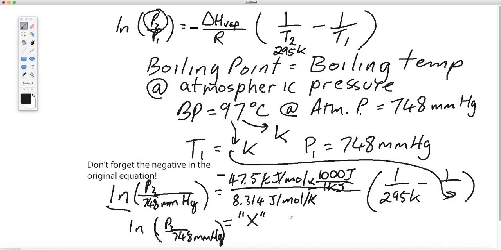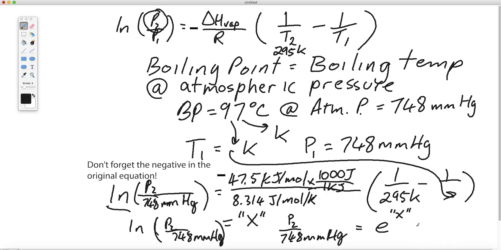So now we've got to isolate the P2. Now what we can do here is the inverse natural log of both sides, which would be e to the power of. So we end up looking at something like this: P2 over 748 millimeters of mercury equals e to whatever we got for X there.